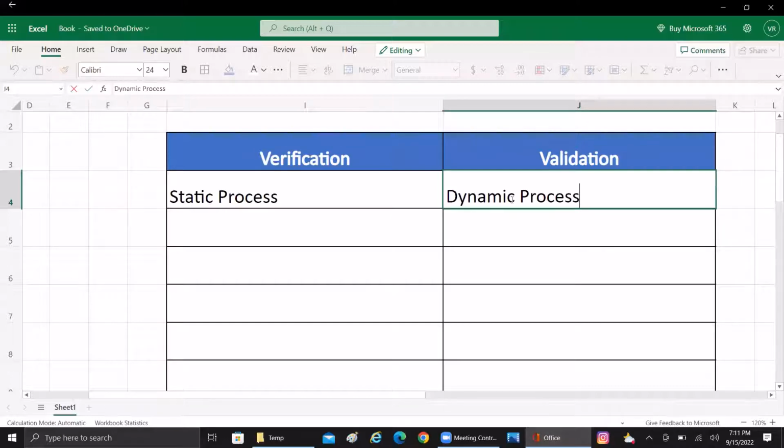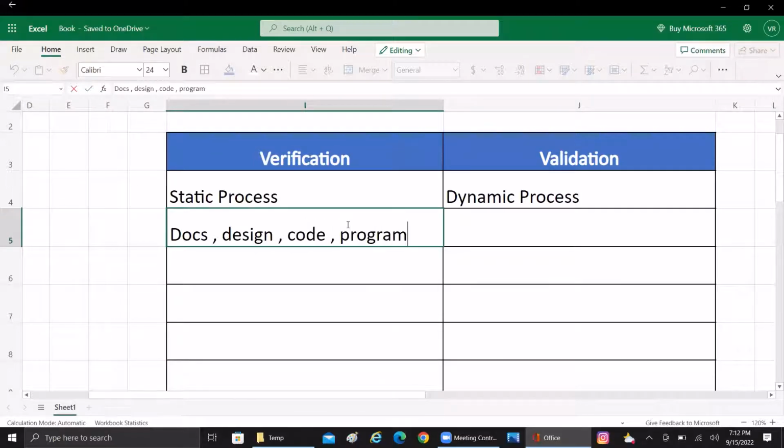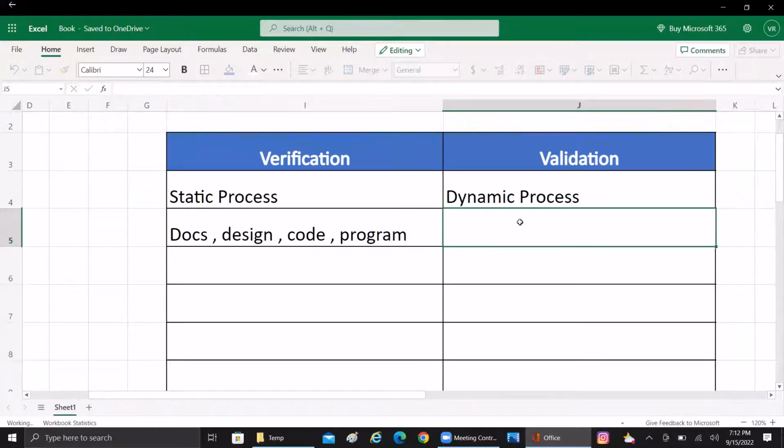So it's a changing and continuous process throughout the testing phase. As I told, verification involves verifying the documents, design, code, program changes, or program codes, whatever we call it. Whereas validation involves testing the actual product or application.